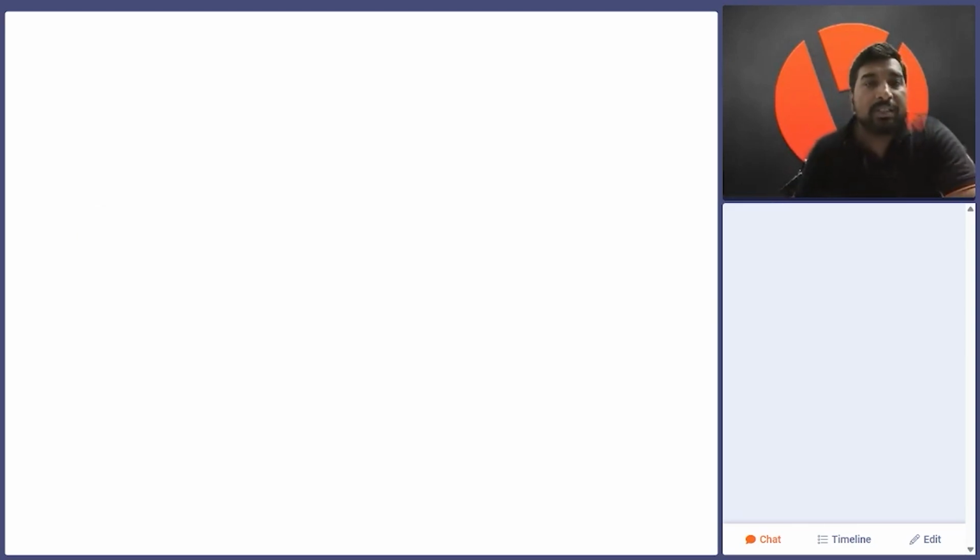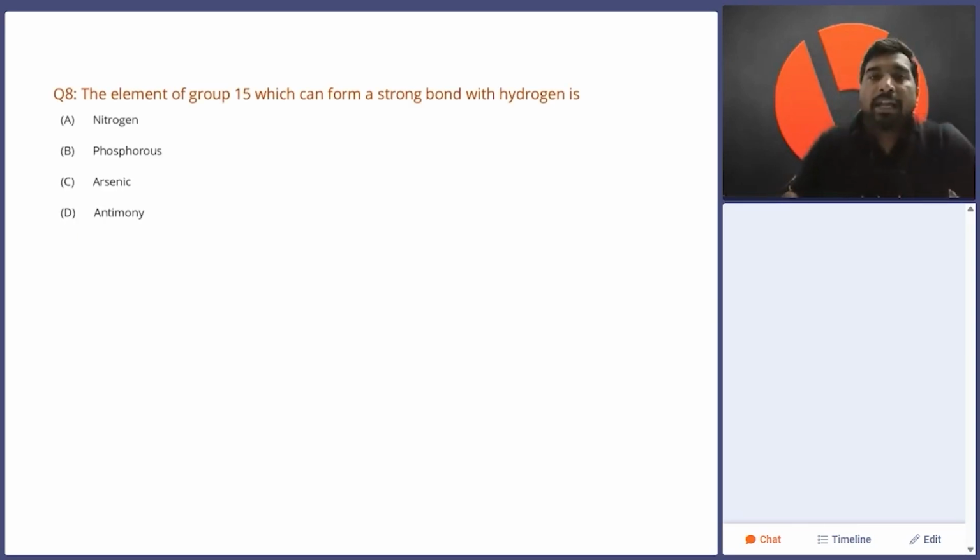Now we will discuss question number 8. The element of group 15 which can form a strong bond with hydrogen, not nitrogen. So definitely nitrogen will be the right answer, because it forms NH3.